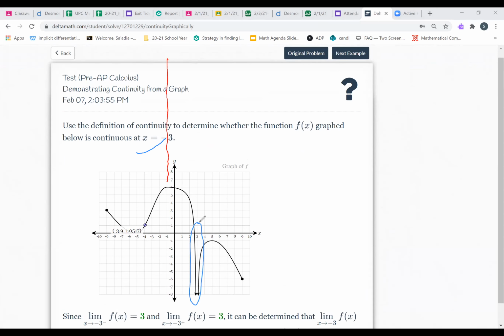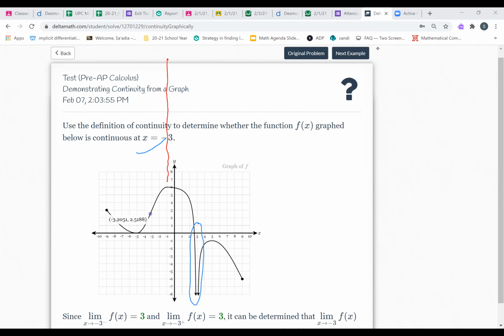So as you can see, there are two arrows that are pointing down, which says, as I approach +3 from the left, I'm going down to -infinity. As I approach +3 from the right, I'm going down to -infinity.